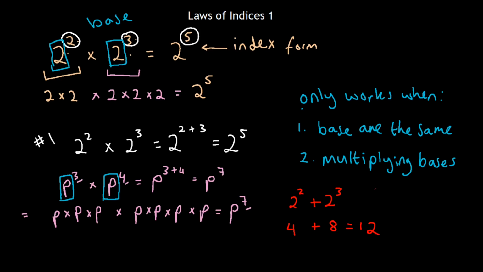Whereas if you go right to the top here, 2 to the 5 is not 12. 2 times 2 times 2 times 2 times 2, 5 times, is 32. So you can see there is a difference. This only works when we are multiplying the bases, and bearing in mind they are the same. So we can't just go about and put things together.